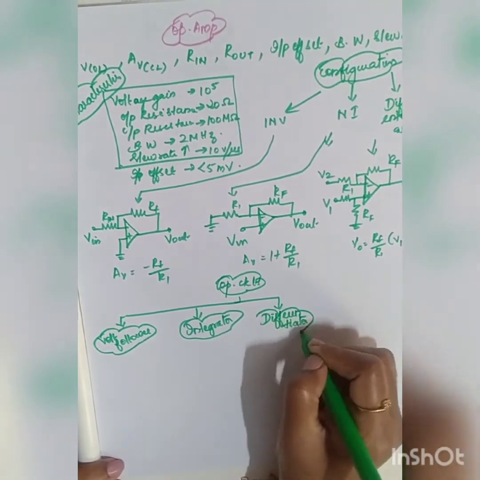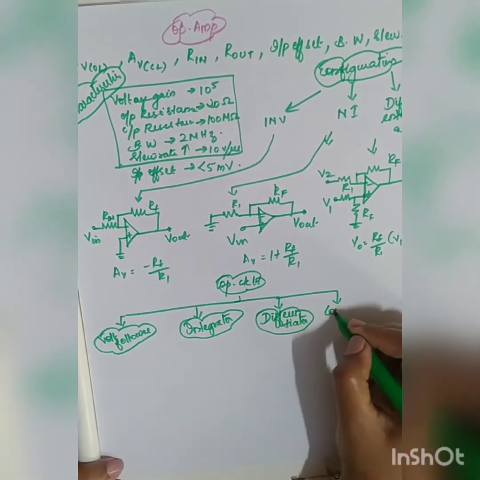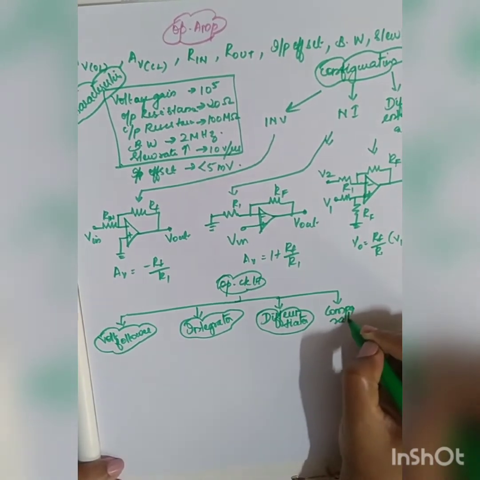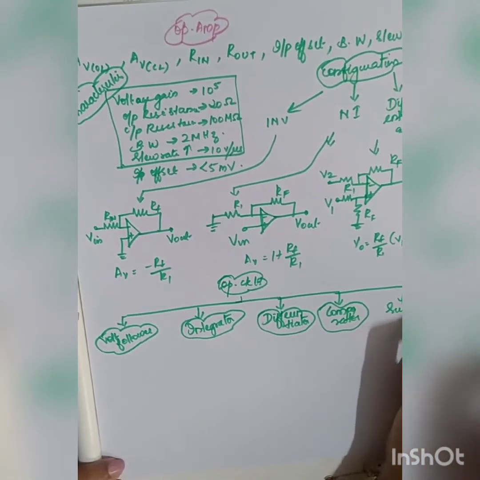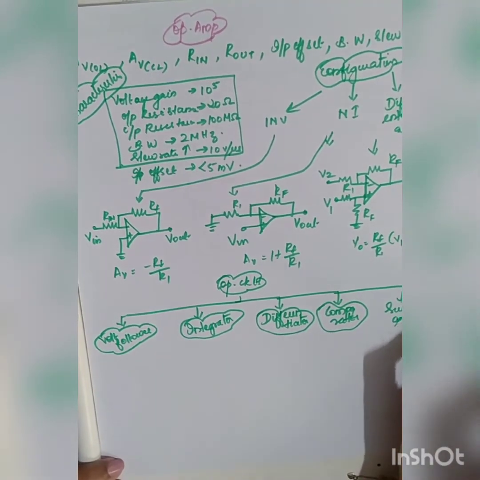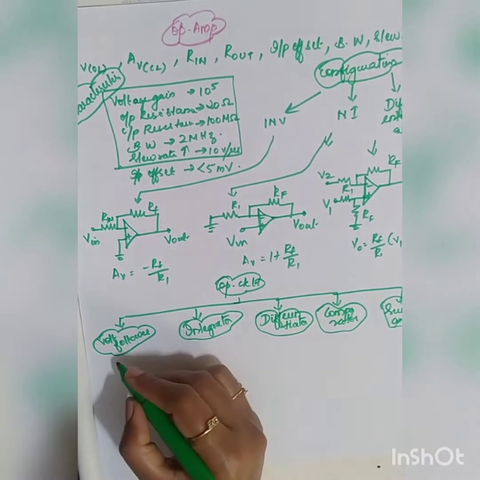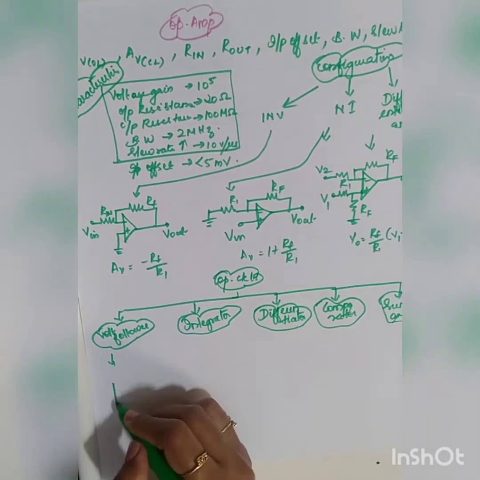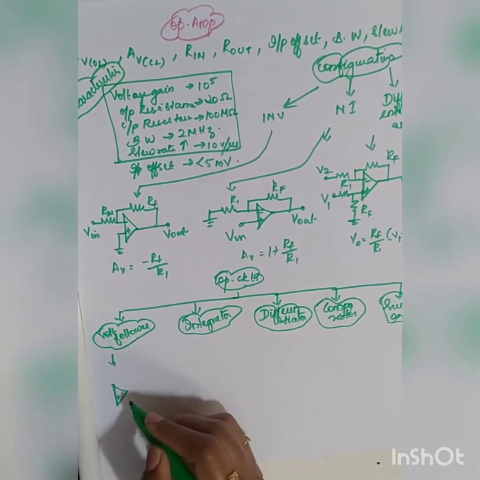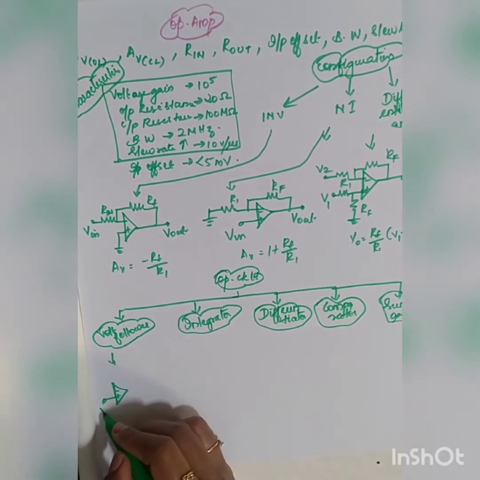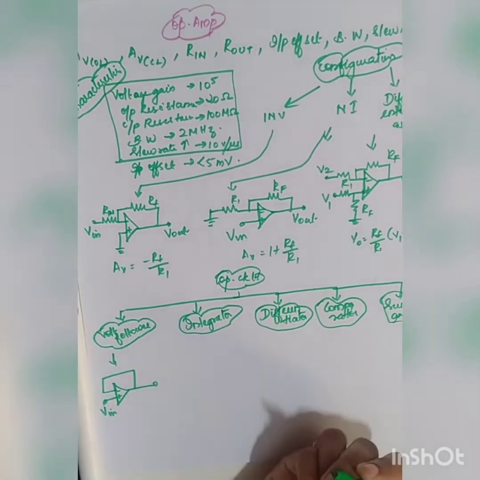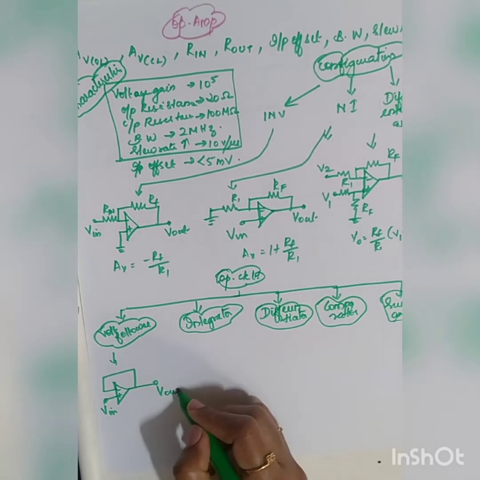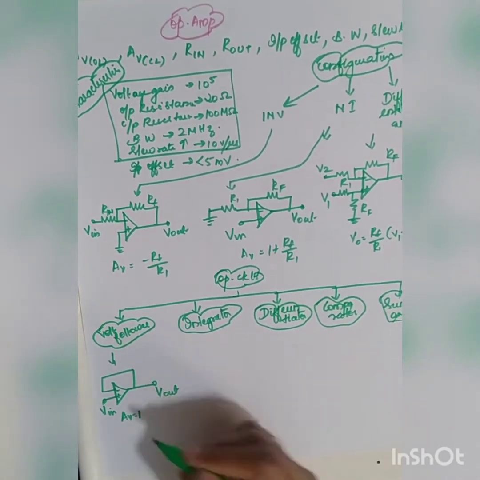And the fourth one was your comparator. And the last one was your summing amplifier. So what was your voltage follower? The input is given to your non-inverting terminal and the negative terminal is directly fed back to V out. Here the gain AV is equal to 1.